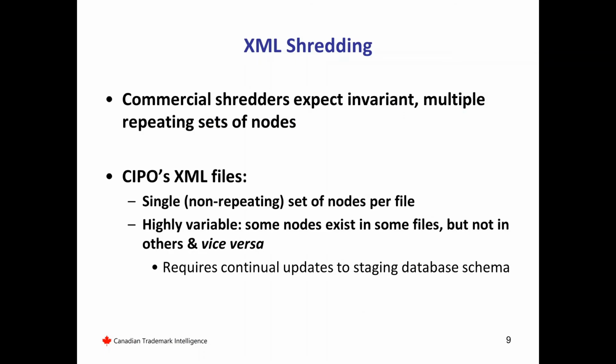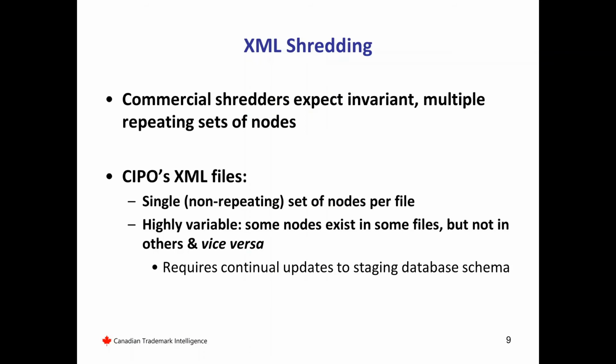In fact, none of CIPO's trademark XML files contain every possible node or anything close to it. There are many, many different possible combinations of nodes which may be included in or excluded from any particular one of CIPO's trademark XML files, depending on the specific mark and circumstances to which that file pertains.